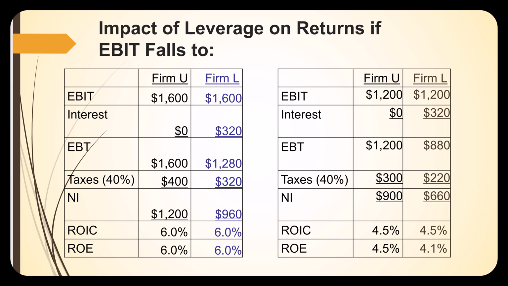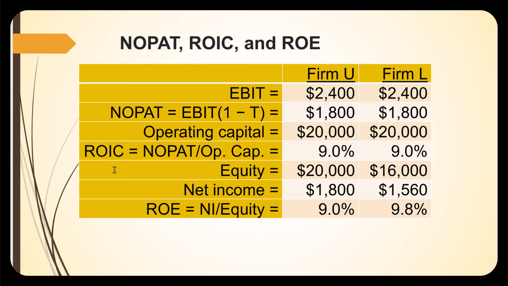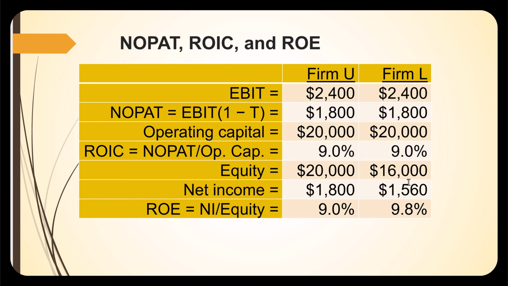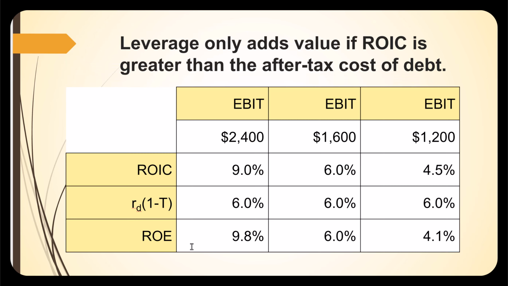However, go back to our other one. Sorry, wrong one. Yeah, the right one. In this one, since we have higher income, at higher income levels more debt is more beneficial to the owners. So we can see that return on invested capital is the same regardless.